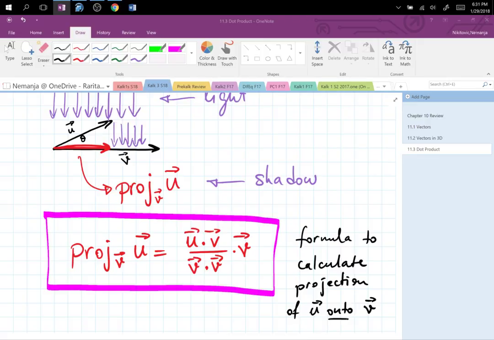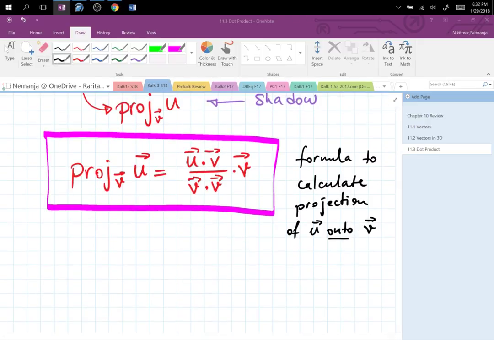It could be any other way, which is what I actually wanted to do at first, but I decided not to. So if I have my vector v to be here and the vector u, now I have to draw the light perpendicular to v. So it's not going to come from straight above, it's going to come at an angle. And that angle has to be the same angle that v makes with the x-axis, plus 90, right?